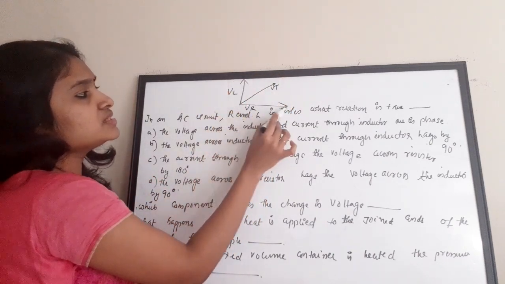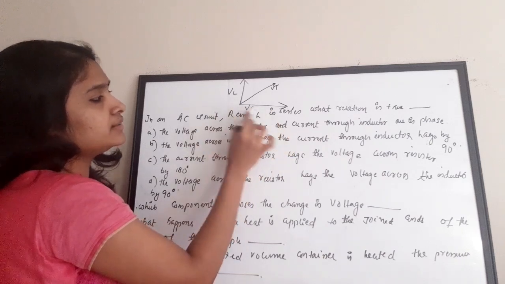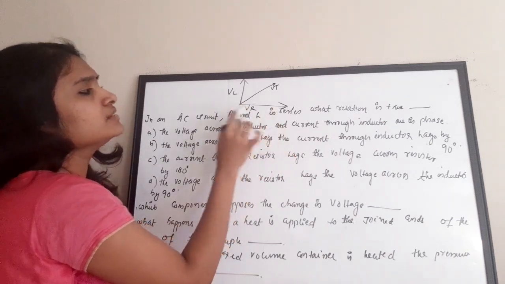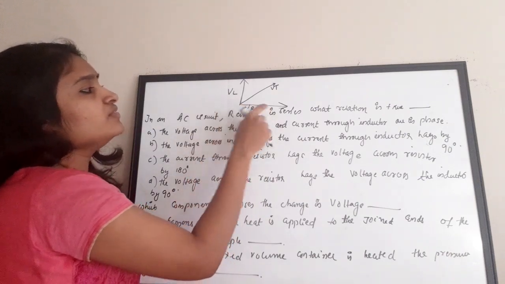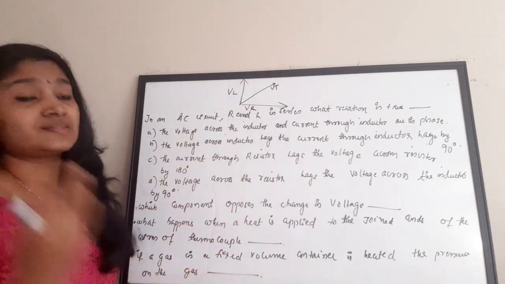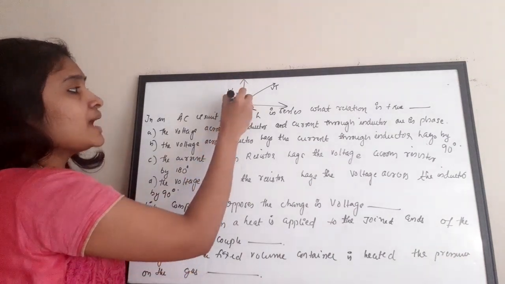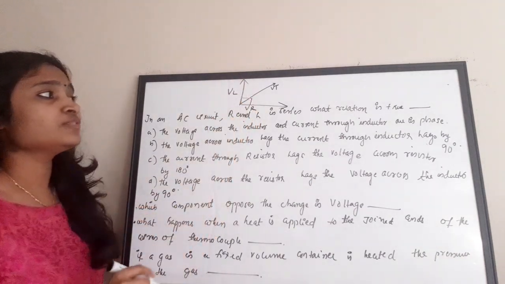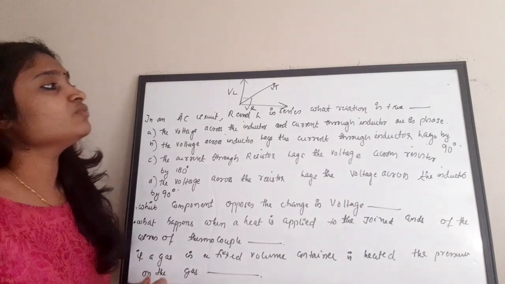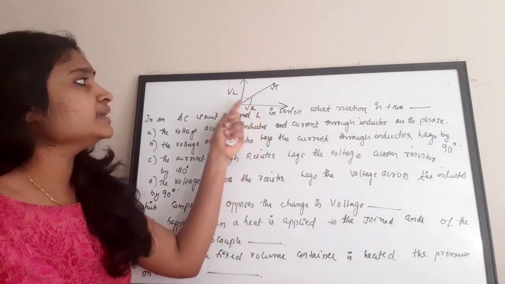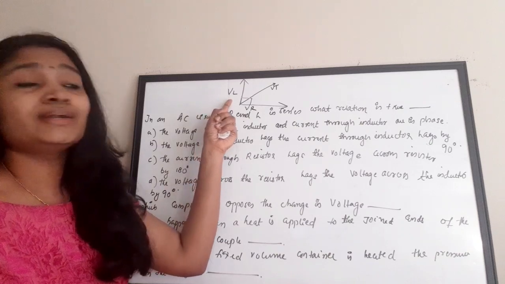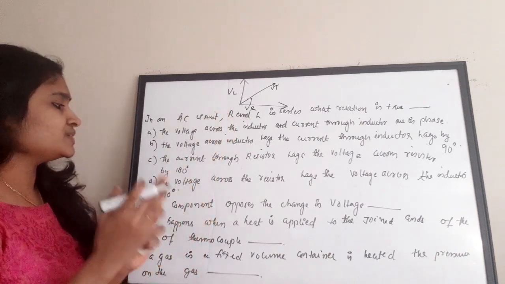This arrow indicates this is a phasor diagram. This indicates VR, the voltage across the resistor, then this is VL. So this angle is nothing but 90 degrees. So from this it is very much clear that the voltage across the resistor is lagging 90 degree behind the voltage across the inductor. So which option is correct?